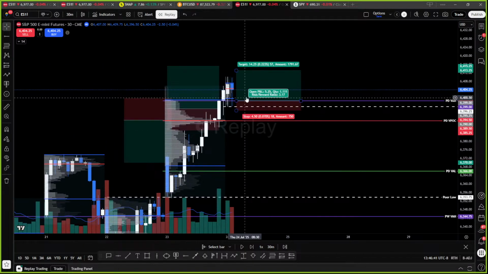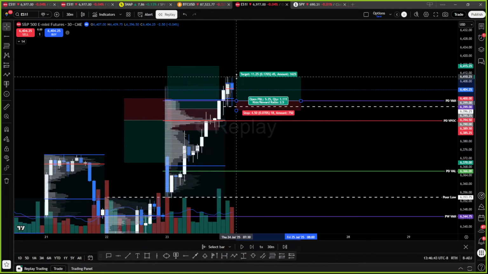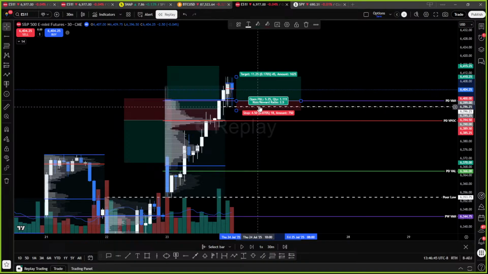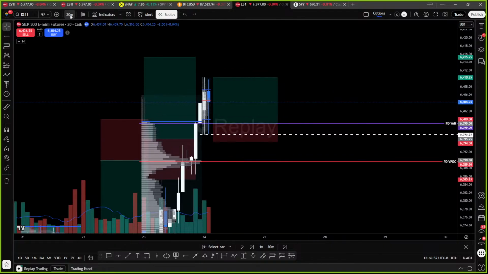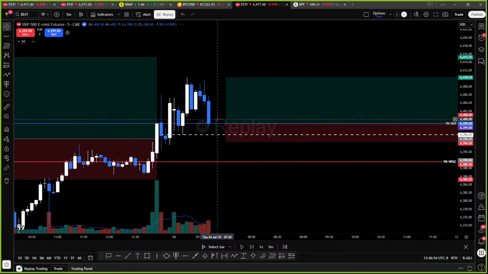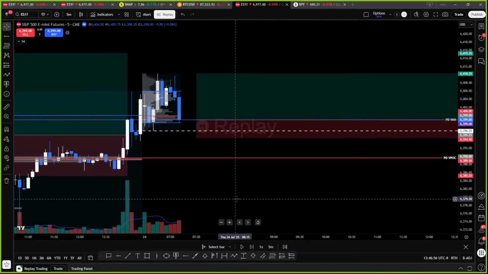So if I'm taking this trade and I'm closing here, I'm getting 2.5 to 1 risk to reward, right? And this is exactly how I would take this trade. And like you said, if it was live, this is exactly what I would do, right?